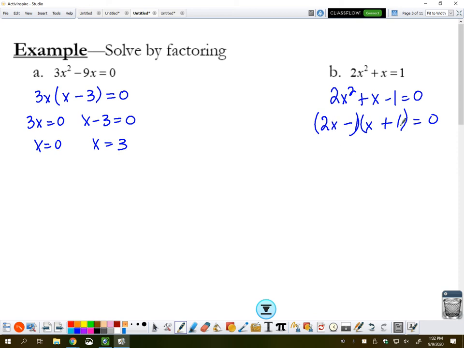So 2x times 1 is 2x. Negative 1 times x is negative 1x. That gives us the right thing in the middle. Zero product property says make those equal to 0. And to solve, we get 1/2 and -1.